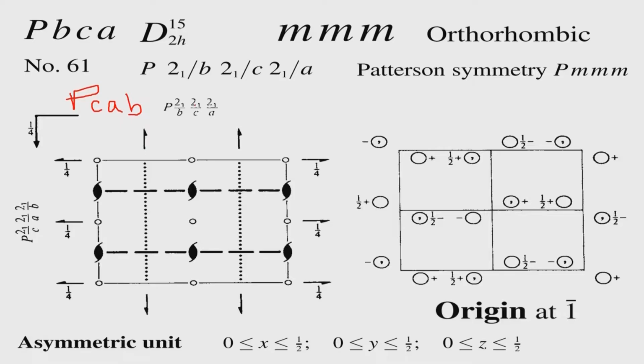Remember, in an orthorhombic system, the 3 angles are 90 degrees with respect to each other. A is not equal to B, not equal to C. So we can call any one of them A, any one of them B, and any one of them C.